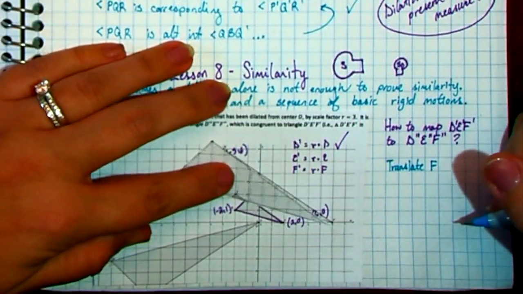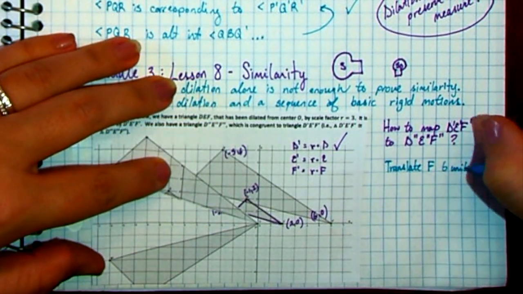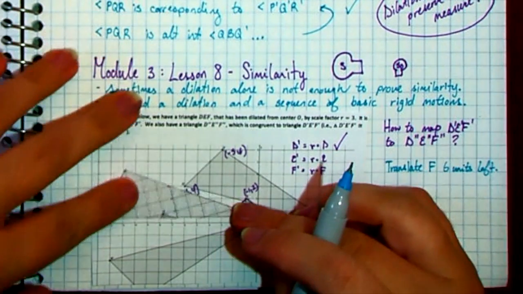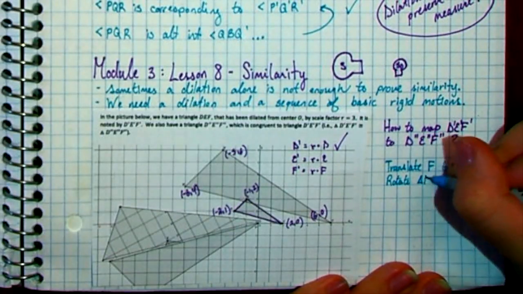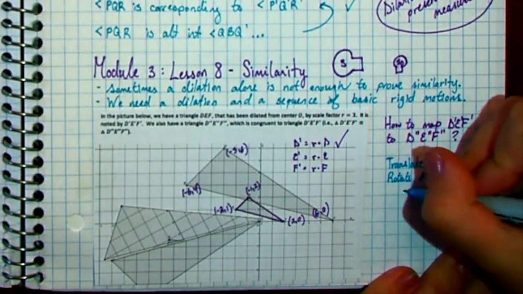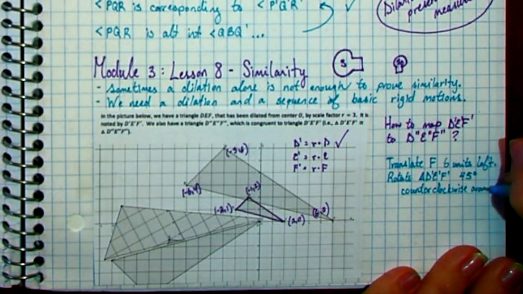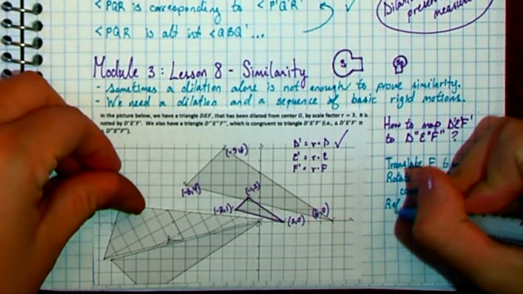First, I'm going to translate that point F 6 units to the left. So now I have those points lined up. And I'm going to rotate triangle D prime, E prime, F prime about 45 degrees counterclockwise around point F. Remember how specific we have to be about this.